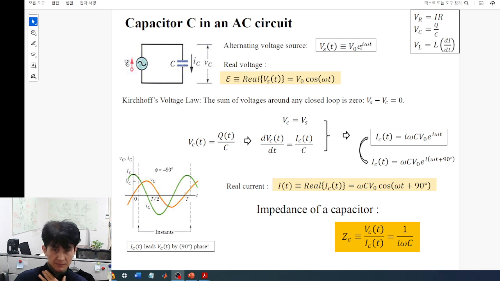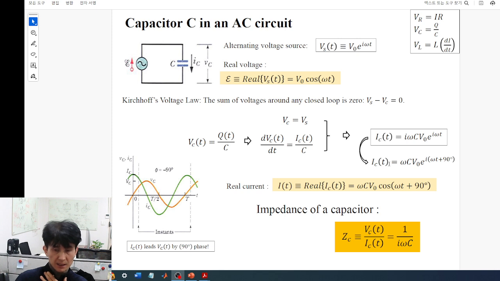Vs is given as V0 exponential i omega t. So this one becomes i omega times V0 exponential i omega t. If I multiply that with C, then we obtain Ic. Ic becomes C times the derivative of the voltage with respect to time, which is i omega times V0 exponential i omega t.